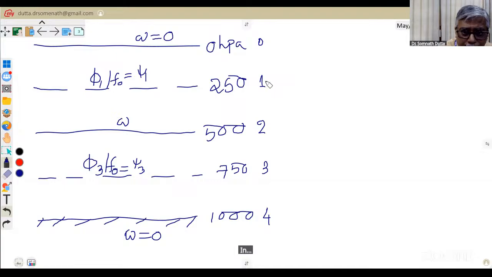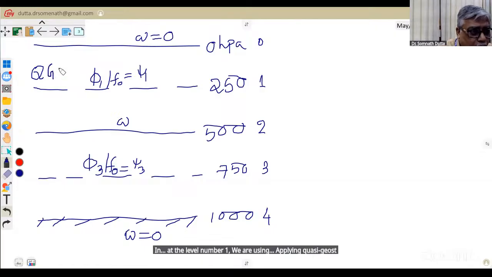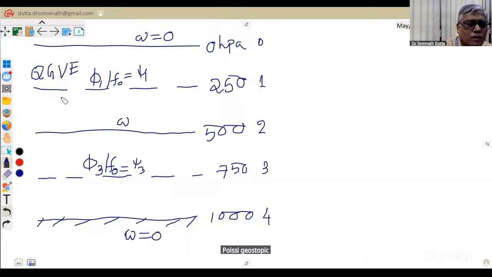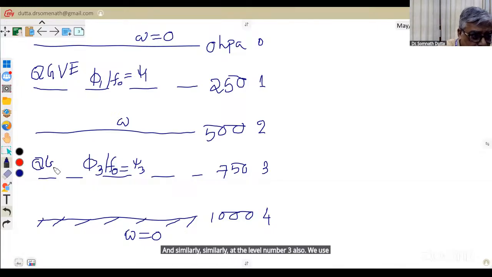At level number 1, we are applying the quasi-geostrophic vorticity equation, where only the phi field and the omega field are required. Similarly at level number 3 also, we use the quasi-geostrophic vorticity equation.